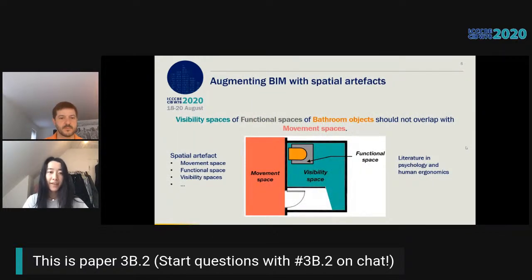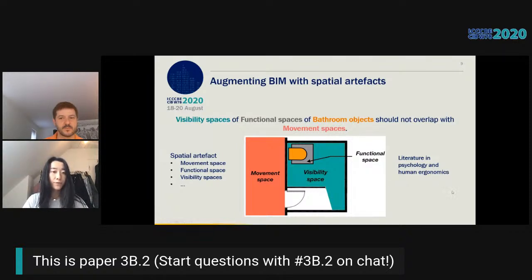So in order to prepare building models for code checking, we will first augment them with what we call spatial artifacts that can be understood as a subtype of IFC space, such as movement space, a region that is accessible by the user, or visibility space, a region that is visible from objects, based on findings in psychology and human factors.